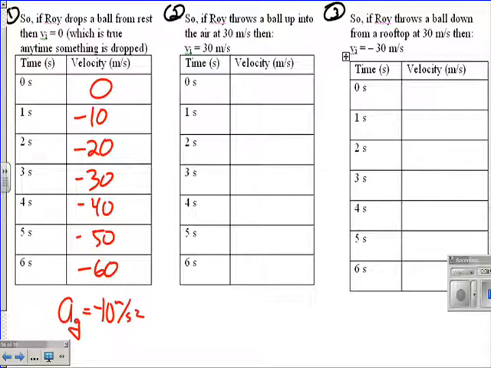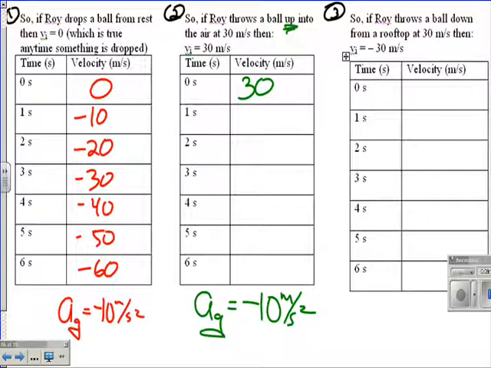Second example. Now we're going to have Roy throwing a ball up into the air. Again, as soon as he lets go of it, the only force on it is gravity, so it's going to be in free fall. Here's our acceleration, negative 10 meters a second squared. But this time the velocity starts at positive 30, because he threw it up into the air at 30 meters a second.